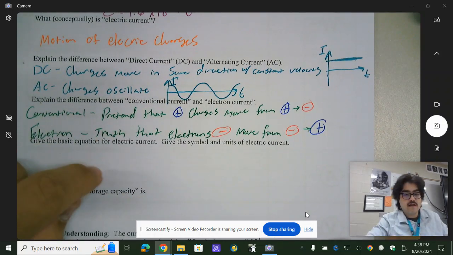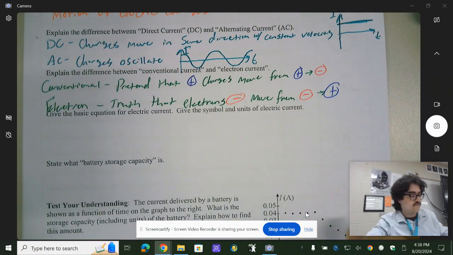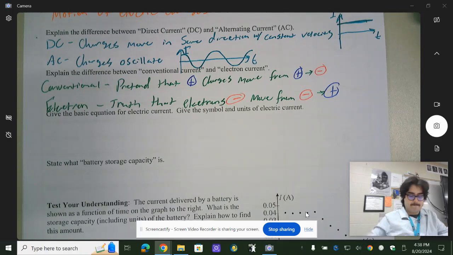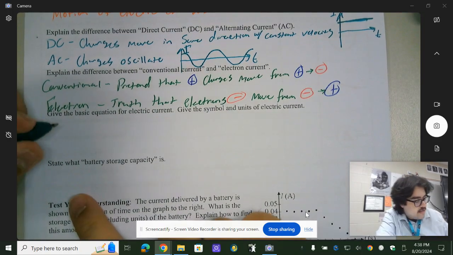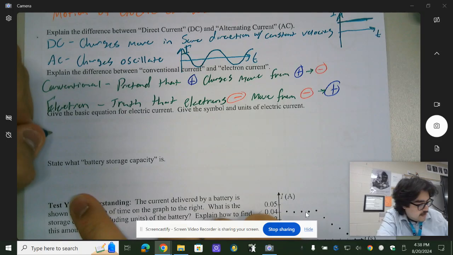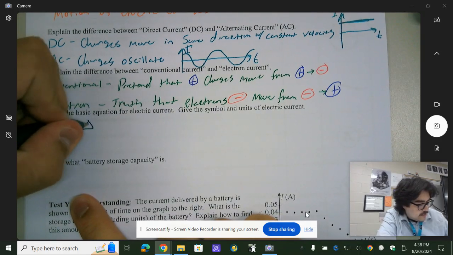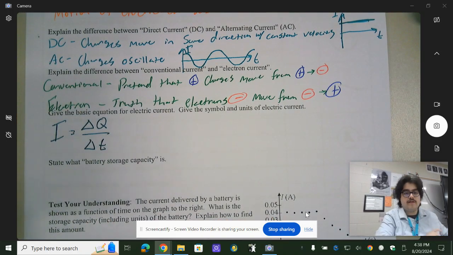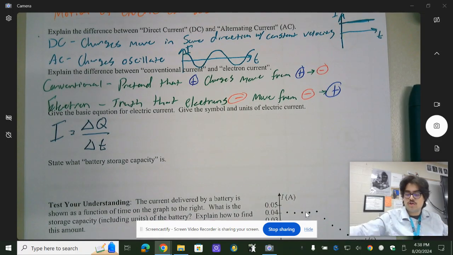Electric current, we can define it with an equation. Our equation for electric current is I equals delta Q over delta T. You already know that Q is charge, and T is more than likely time.